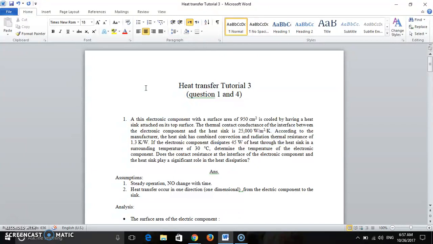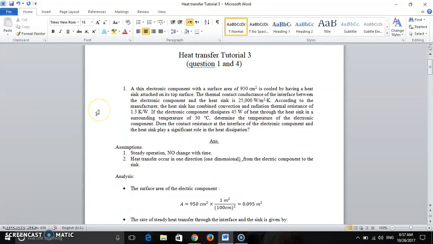We will start with question 1, and if you can see the question, it states that we have a thin electronic component. So we are talking about electricity being lost as a form of heat. Whenever electricity goes through wires, we have some resistance, and this resistance results in some of the energy converted to heat.